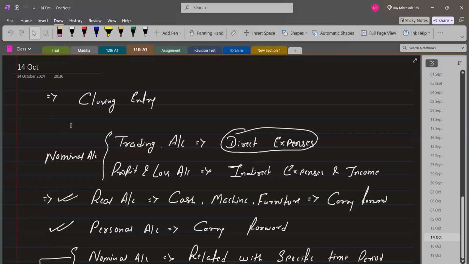When there is partial omission, incomplete. Partial omission of transaction. Okay.